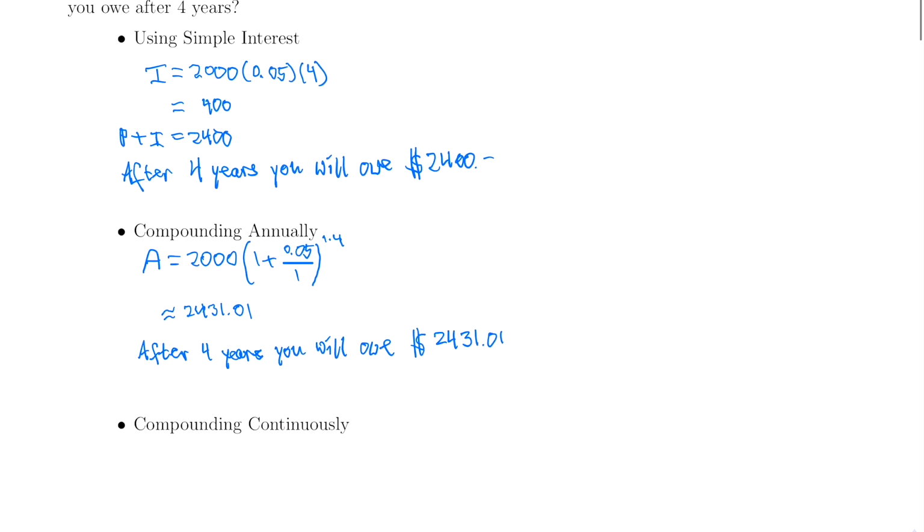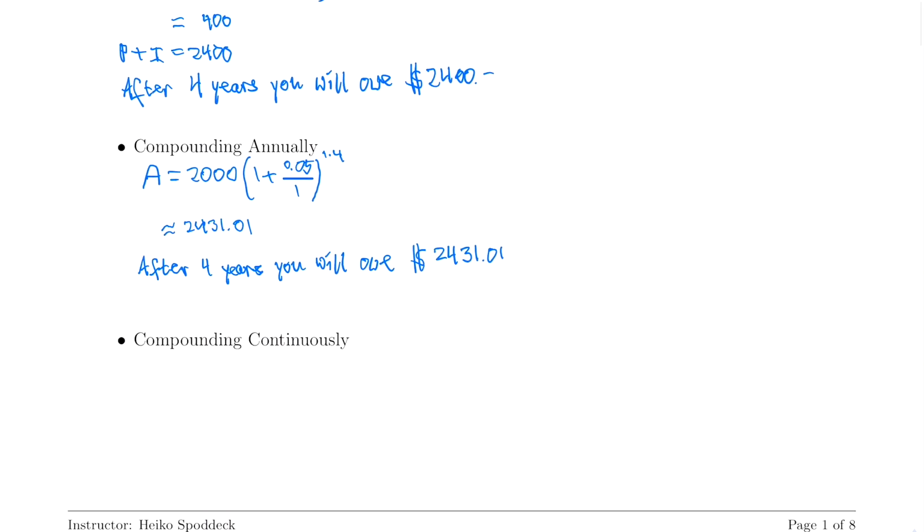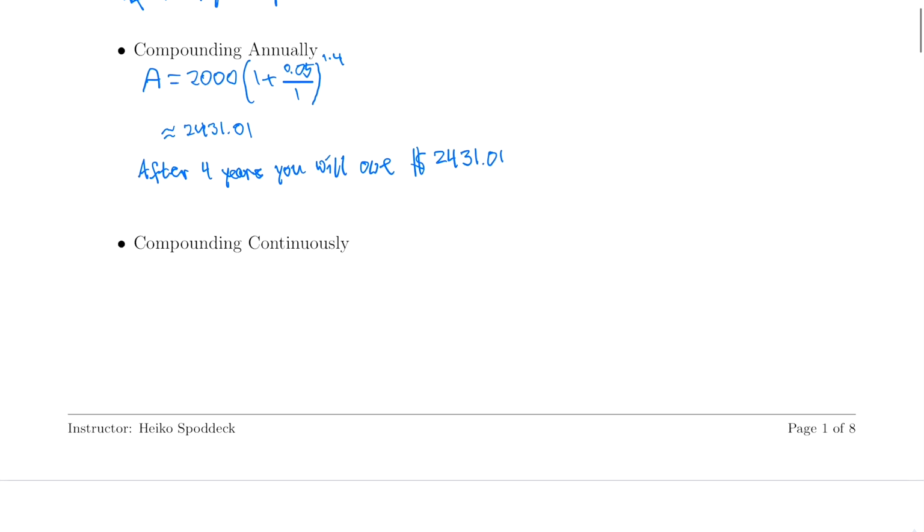So how would that look? We would apply that to our example again and find our A, the amount at the end. Again, we start with the principal 2,000 times e to the power of the rate, 0.05, times the number of years, 4.